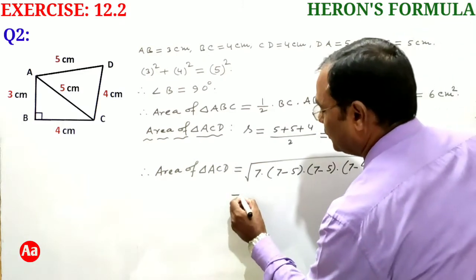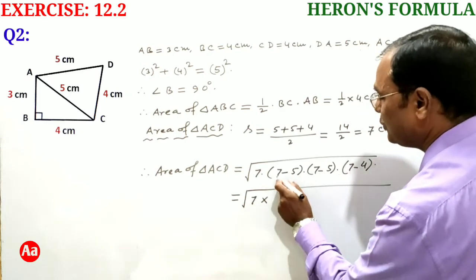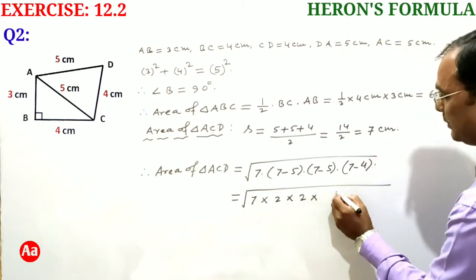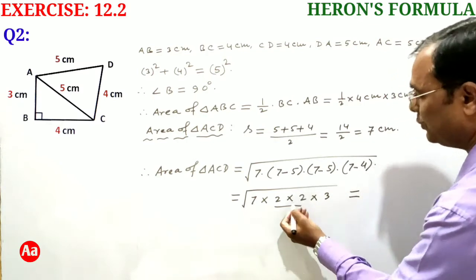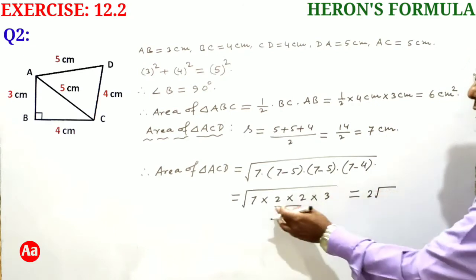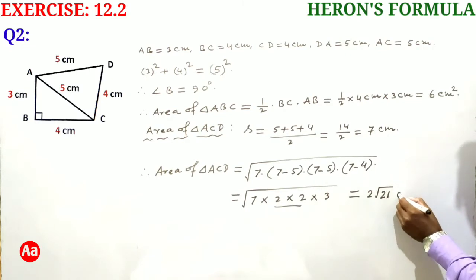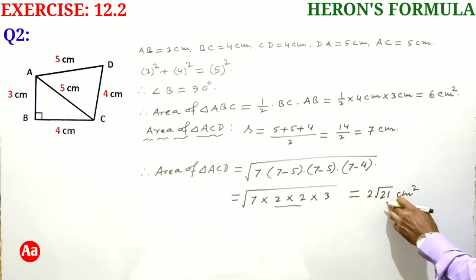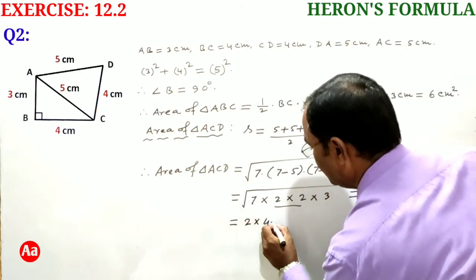So this is equal to under root 7 into 7 minus 5, 2 into 2 into 7 minus 4, 3. And this is equal to, here 2 into 2 is a perfect square, so let's take its square root, it is 2. 2 into 7 into 3, 21. So 2 into under root 21 centimeter square. If we put value of under root 21, this will be equal to 2 into 4.58.